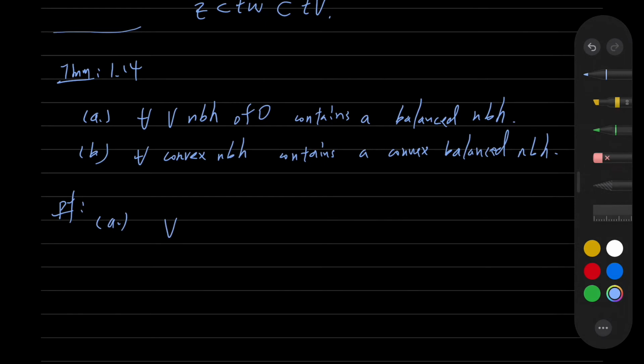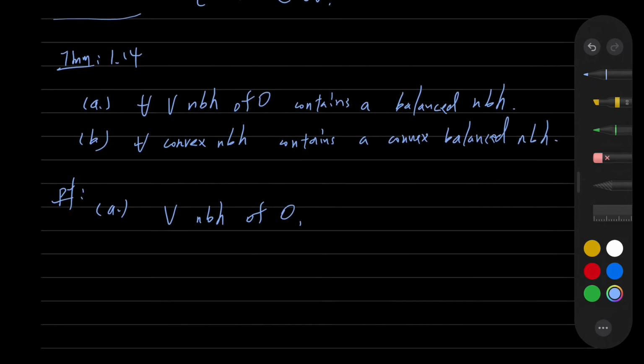So just let V be a neighborhood of 0. And we want to find a neighborhood such that it is balanced and it is contained in V. So the way we do that is use the continuity of the scalar multiplication at 0.